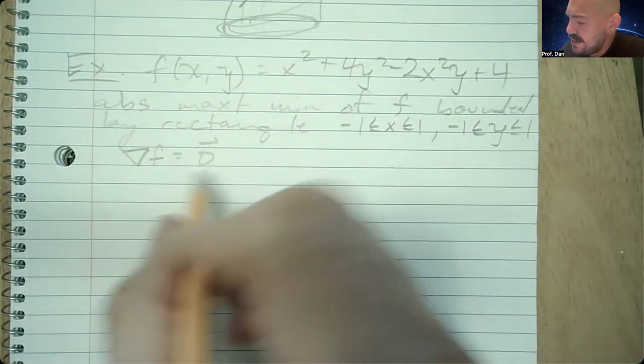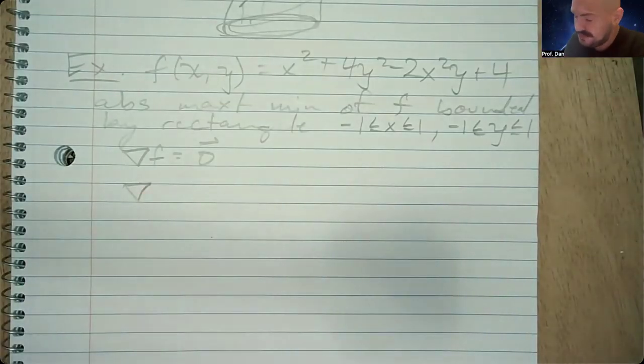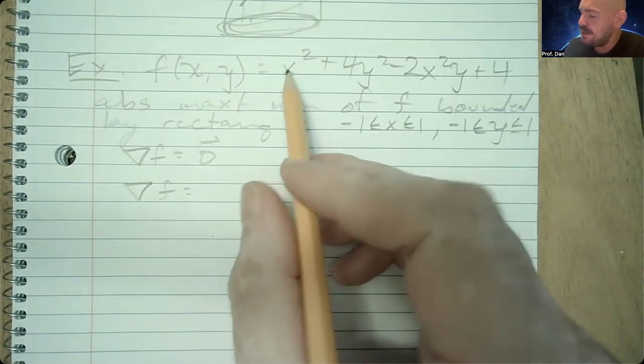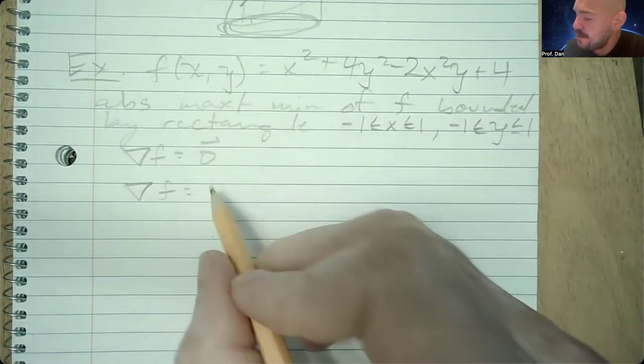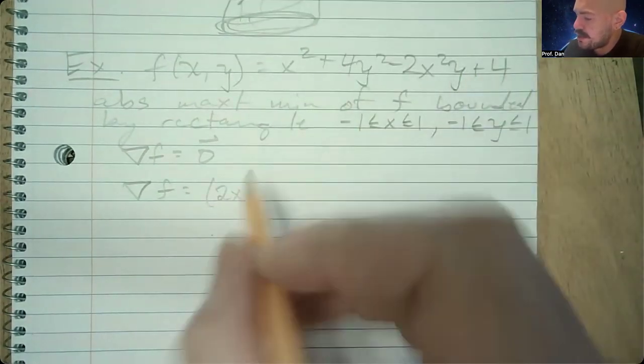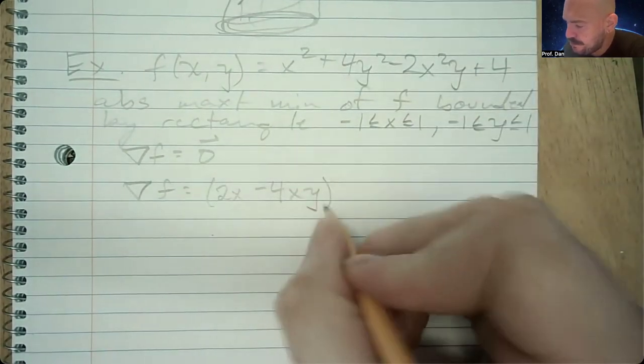All right, so my gradient is equal to, right, differentiating with respect to x, I get 2x, 0, minus 4xy, and 0.